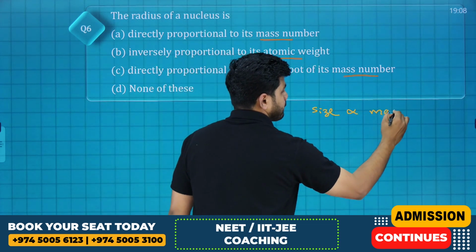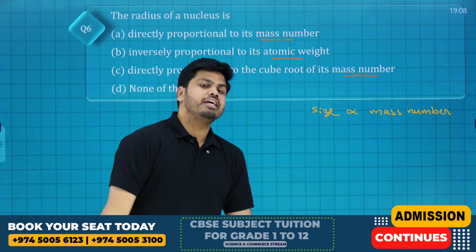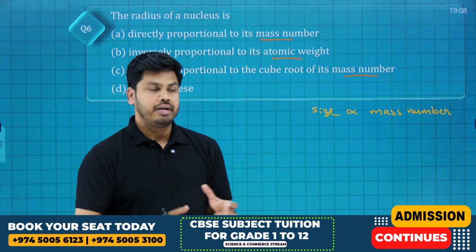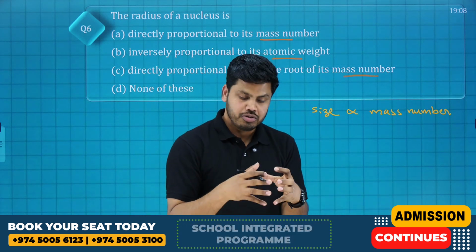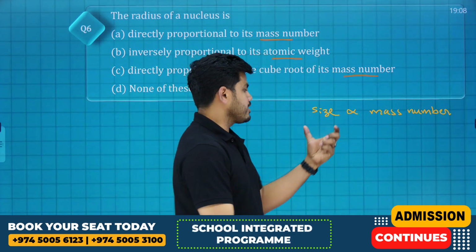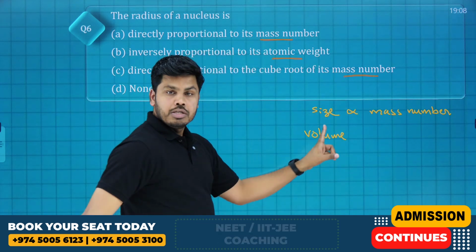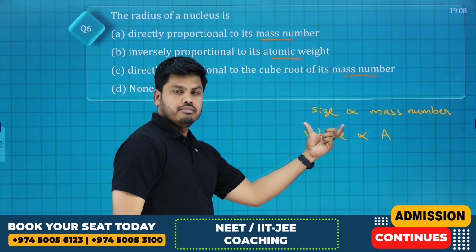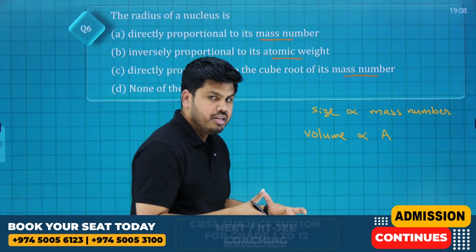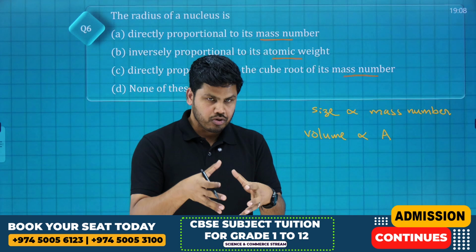Which means if you go for higher elements, it has to accommodate more nucleons, right? So the size of the nucleus should be more. To accommodate more nucleons, it should definitely be of bigger size. And that size is represented in terms of volume. So we would say volume is proportional to the mass number A, right? Size increases means we consider the nucleus as a spherical shaped central core of an atom.